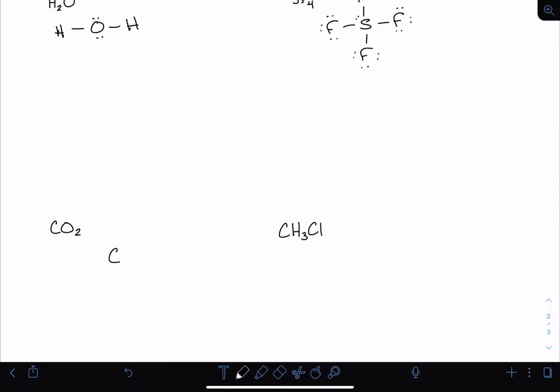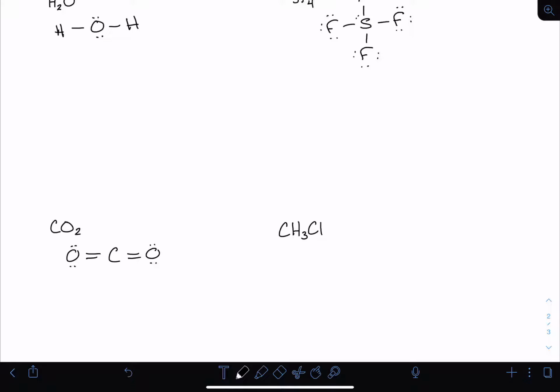CO2, we'll have carbon as the central atom with oxygens on both sides. If we fill up the valence shells of our peripheral atoms, we would now be out of electrons, so we will need to create double bonds in order to fill the valence shell of carbon.